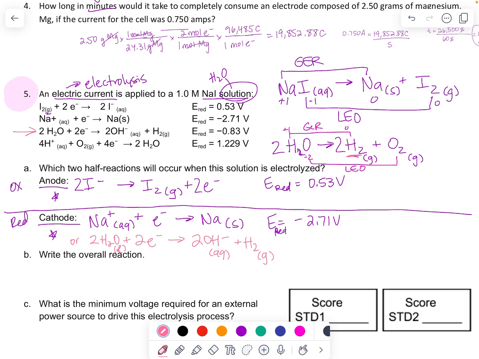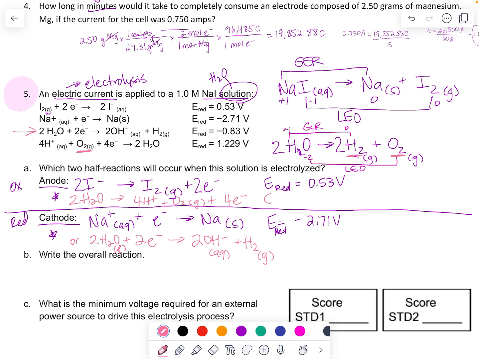Okay, and then the reaction for oxidation is making this oxygen gas. And when I look, the oxygen gas is in this equation. Now it's currently written as a reduction though, so I would want to reverse the equation. 2 H2O makes 4H plus plus O2 gas plus 4 electrons.